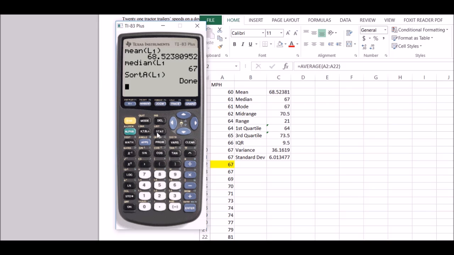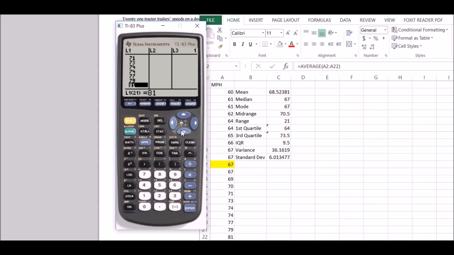Now if we go into the list here, we can actually see that it's completely sorted for us. And so from here, we can just go through. 61 goes twice, 64 twice. And here we go. There's that 67, 4 times. Since 67 occurred 4 times, it occurred the most, there's your mode.